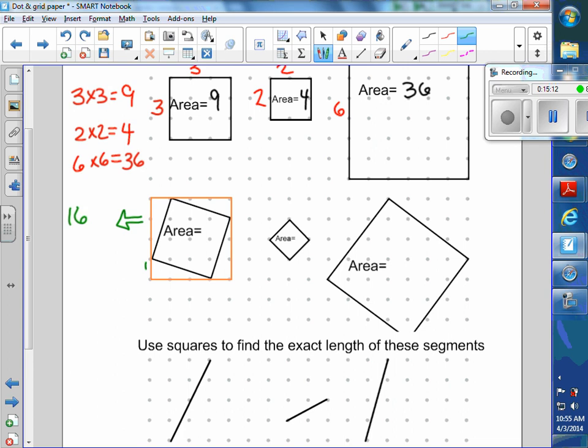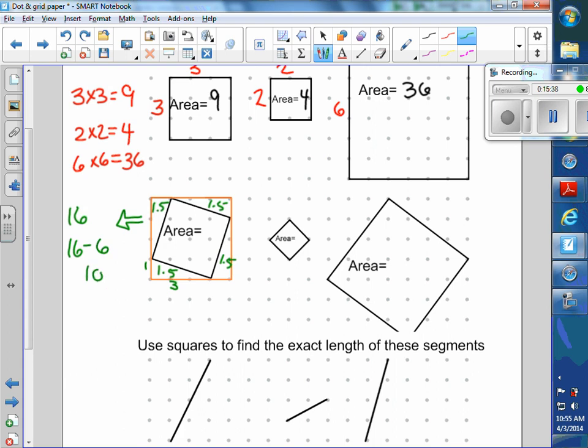So 1 by 3. 1 times 3 is 3. 1.5, right? So all of these are 1.5, right? So all together then, I'm going to do 16 take away 6, which is 10, right?